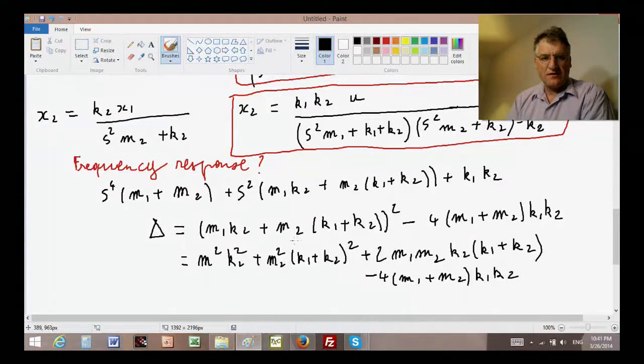My discriminant appears to be correct. However, I do not like the fact that we have a squared up mass here times the product of stiffnesses, and here we just have non-squared quantities.